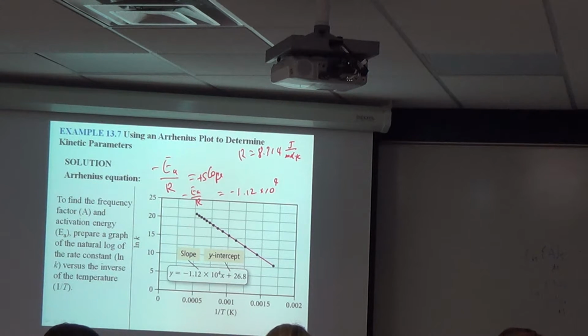And you do the calculation. So your EA equals negative 8.314. The R carries the negative sign, right? And we multiply negative 8.314, then we have another negative 1.12 times 10 to the 4.